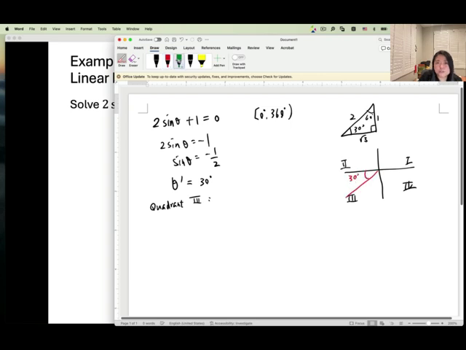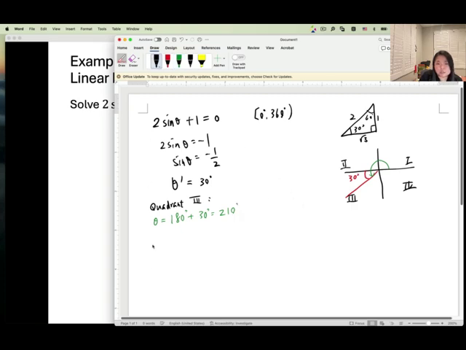So how can we find the angle? The angle starts from 0 here until here. The green one will be my theta. So theta will be equal to 180 degrees plus the reference angle, which is going to be 210 degrees.